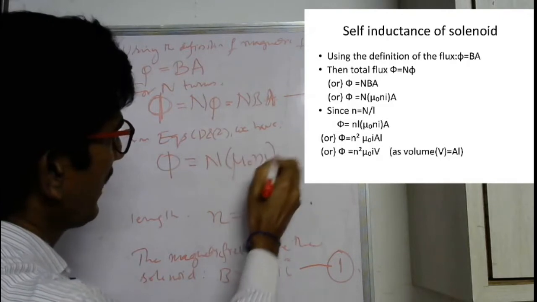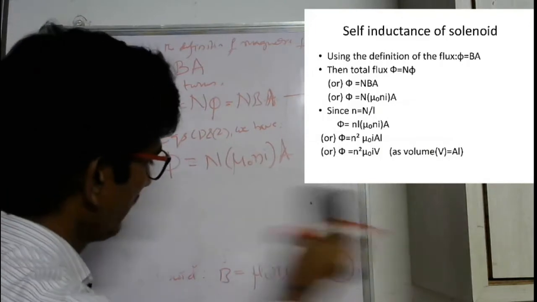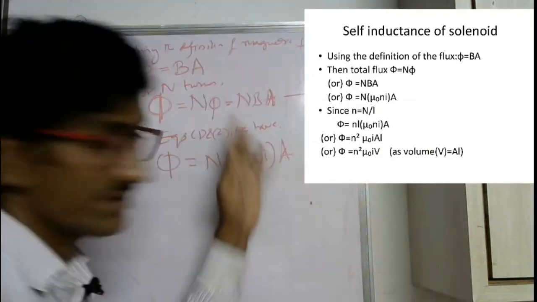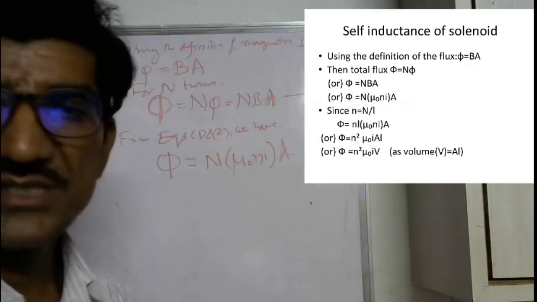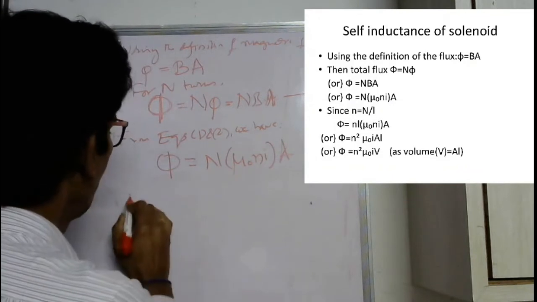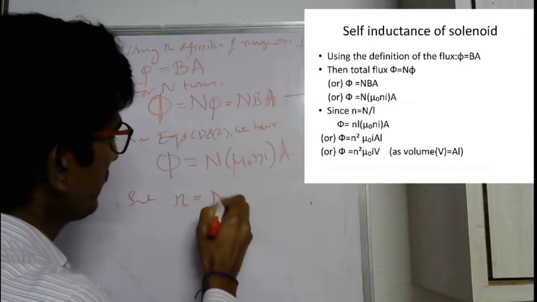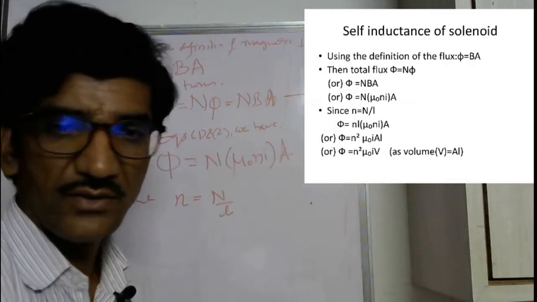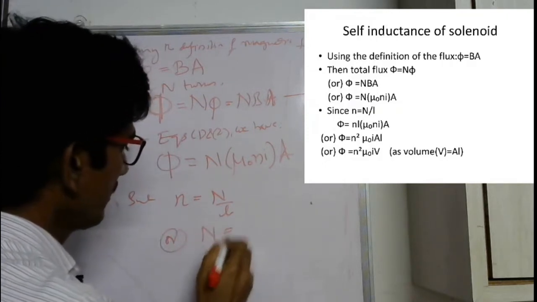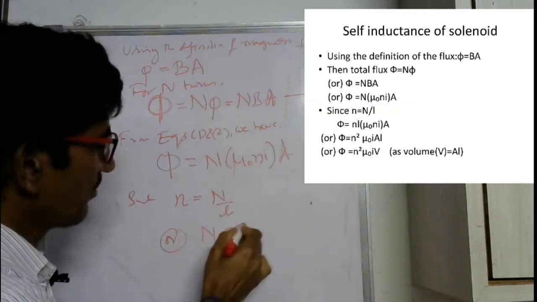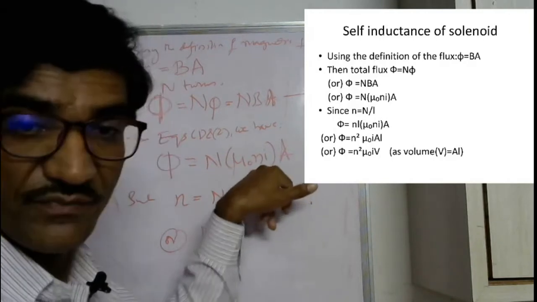Mu naught n I, into A. Now we utilize the first equation in the second equation. Now you write for N: n is equal to N by L, so simply N is equal to n into L, small n into small l.